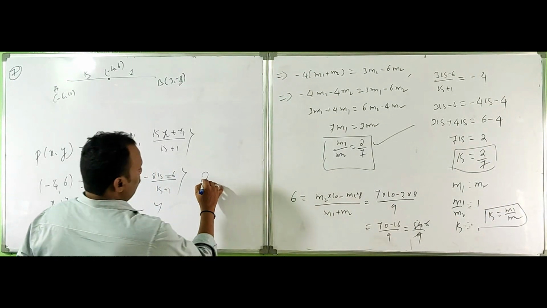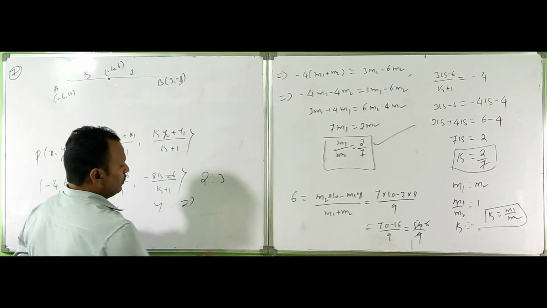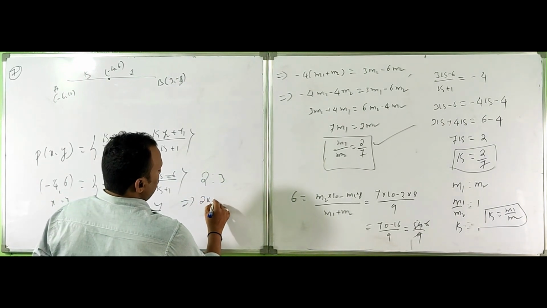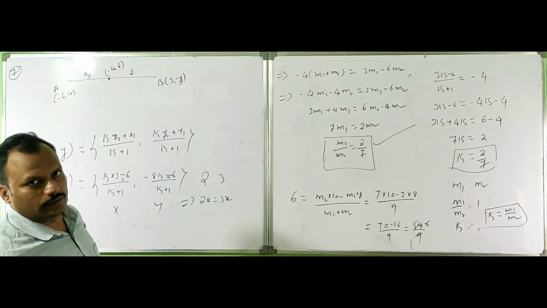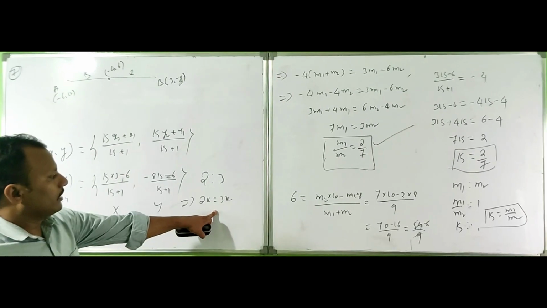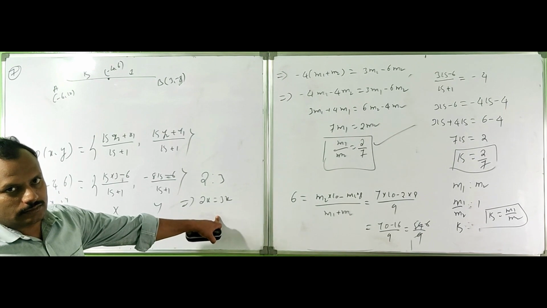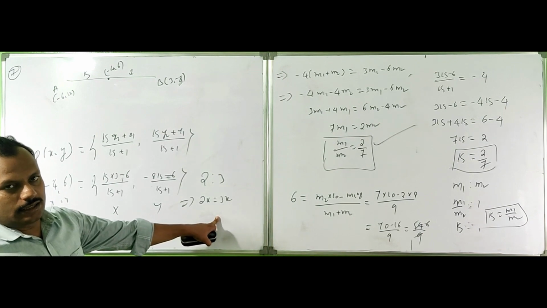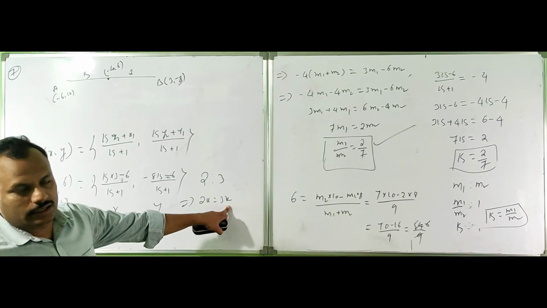Take the 2:3 ratio, what can we write? 2x is equal to 3x, where you should get the same value. 2 3 is the 3, 3 is the 2, 4 is the 3; the only specific value is 6, right? 6 can be written as 2 into 3 and 3 into 2 here.